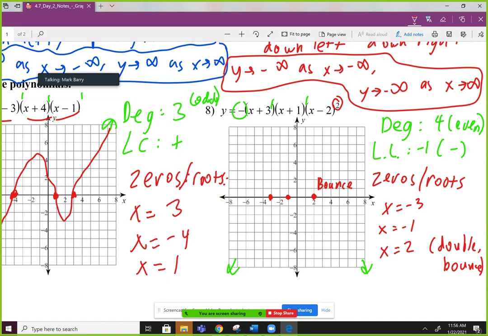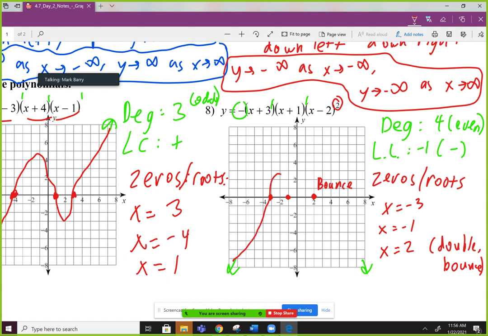So I have negative 3, I got negative 1 or normal ones, but then positive 2 is going to be a bounce. So I'm going to start at that green arrow going left and down.